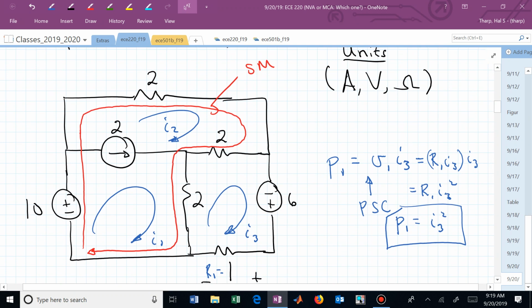Then we're following the red path, plus 2I sub 2, plus 2 times the net current going from right to left through that bottom horizontal 2. I've got a lot of 2's, don't I, resistors. What's the current in that middle resistor 2 going from right to left, based on how I've defined my mesh currents?